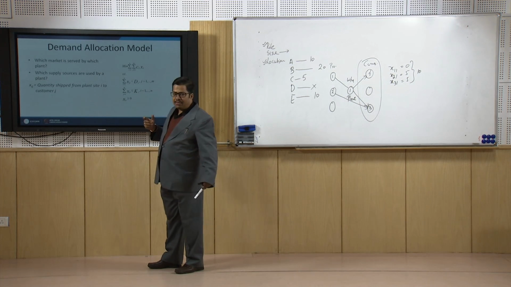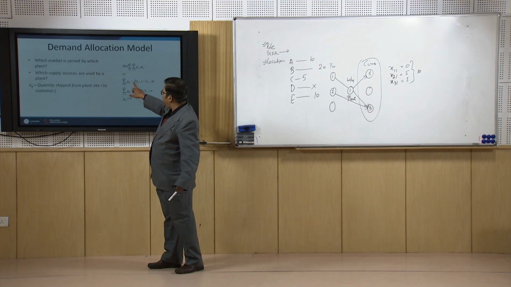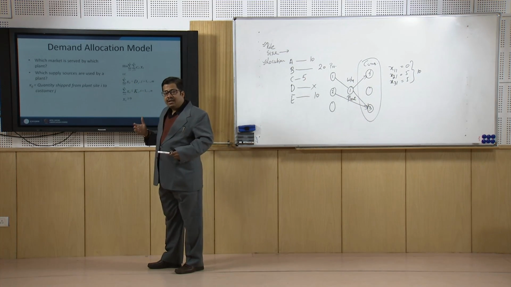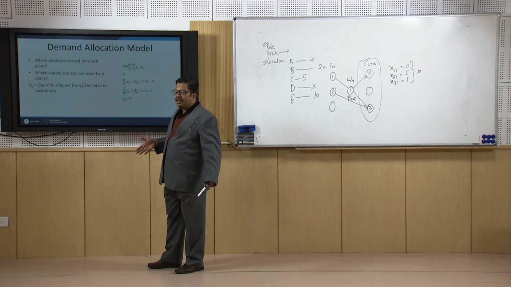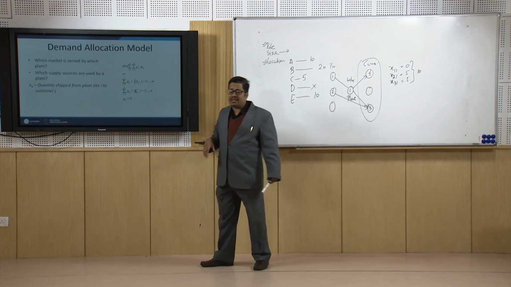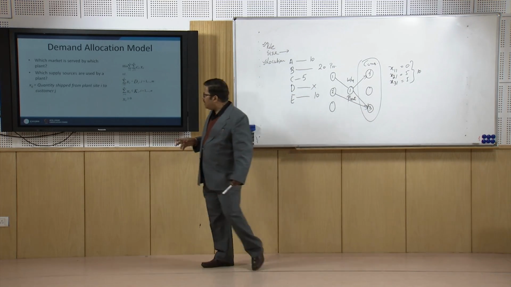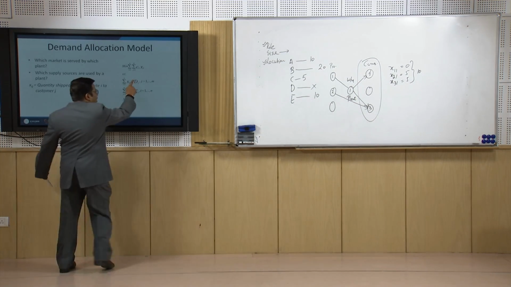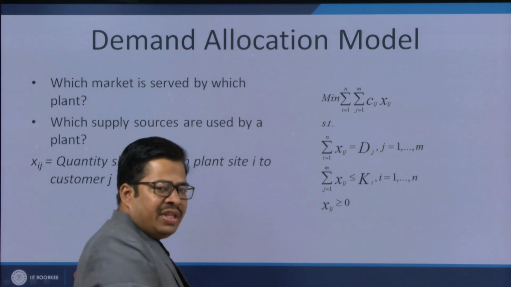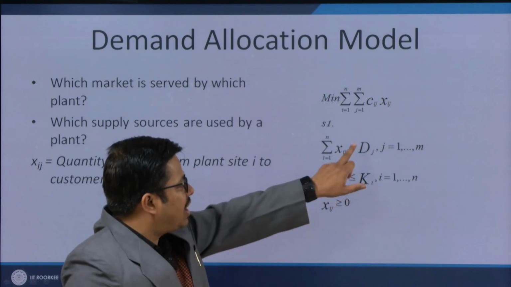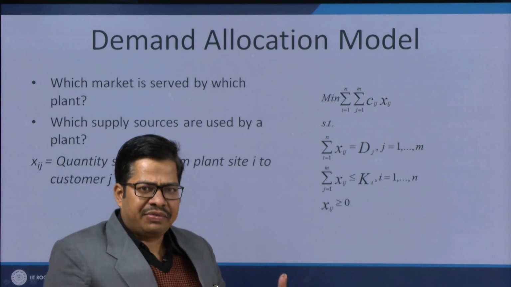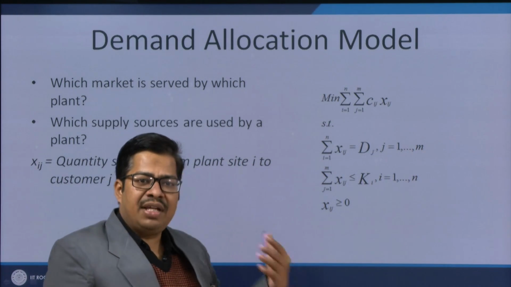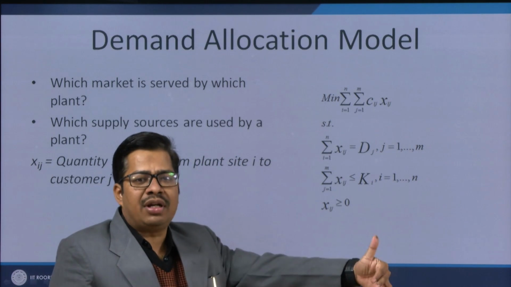Now there is a question to think about: why are we fulfilling the complete demand? In some cases it is also possible that you have a less than or equal to sign here, meaning you cannot supply more than the demand of a particular destination.